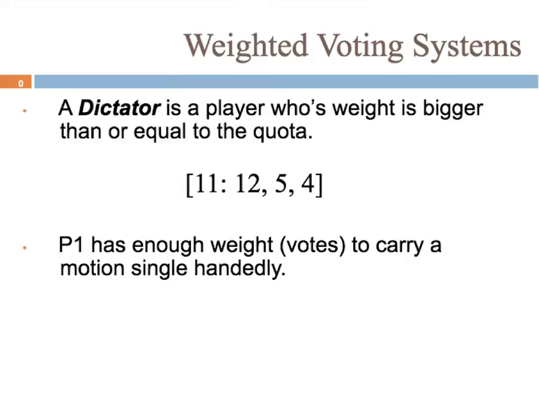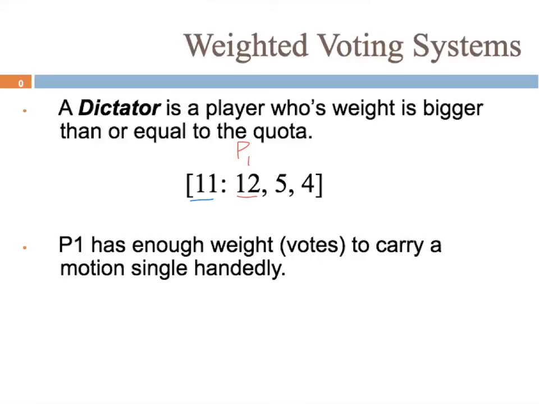Alright, next, a dictator is a player whose weight is bigger than or equal to the quota. So, called a dictator because they pretty much control the game. Notice here that we only need 11 votes to pass a motion, and player 1 has 12, or a weight of 12, or 12 votes.